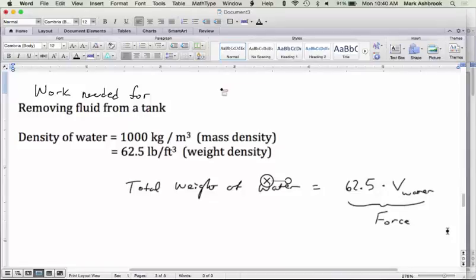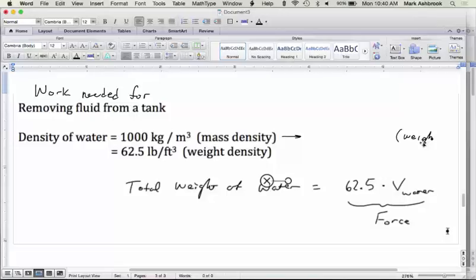So how would we get the weight density in the metric system? If we wanted weight density in the metric system, what would it be? Right, so if the mass is 1,000, then the corresponding force would be m times 9.8, g.